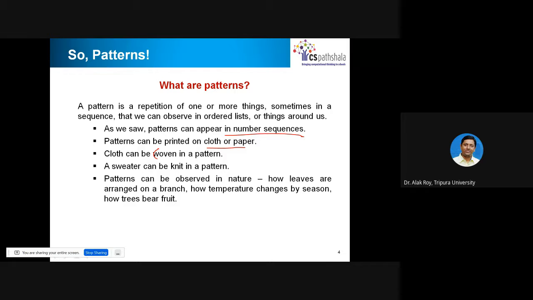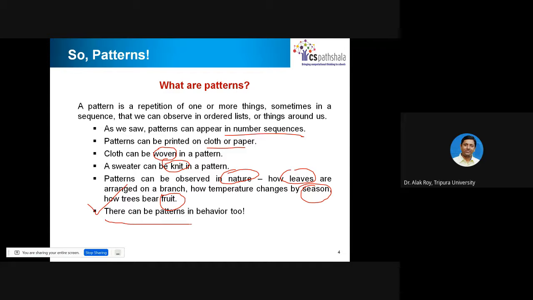Maybe cloth can be woven in a pattern or a sweater can be knit in a pattern. Or in nature you can find patterns in how leaves are arranged, or seasonal temperature changes, or how a tree bears fruits. If you observe a tree, maybe of mango or other fruits, you will see that generally fruits can be found in a pattern.